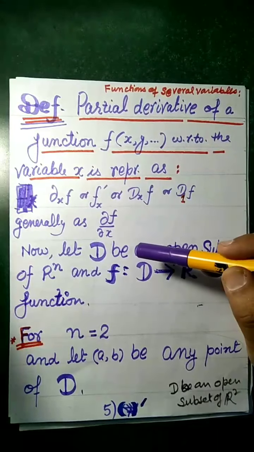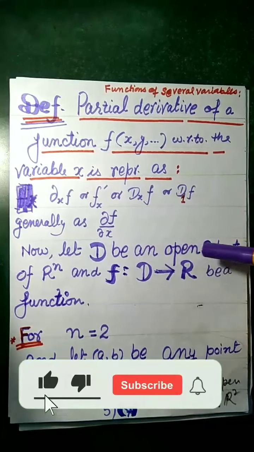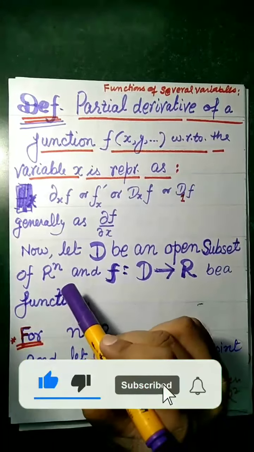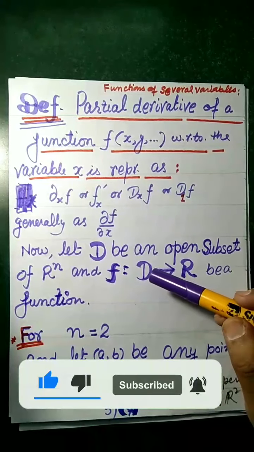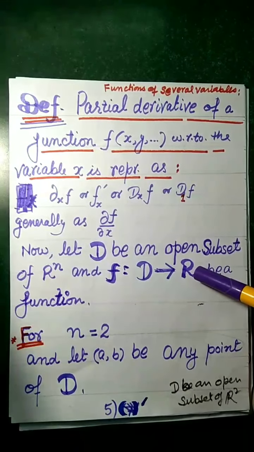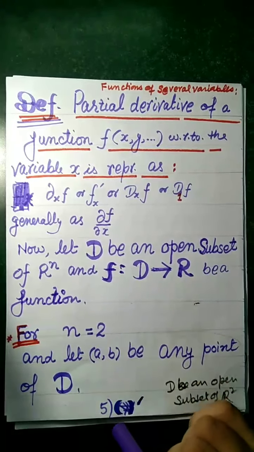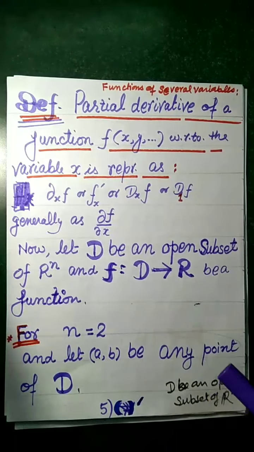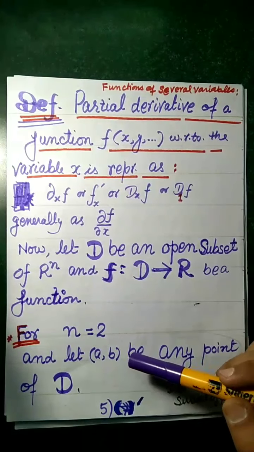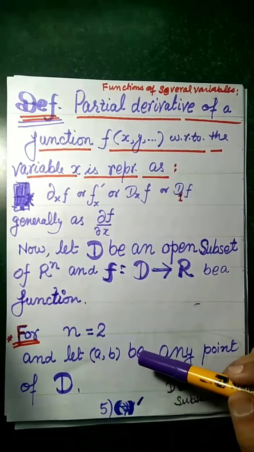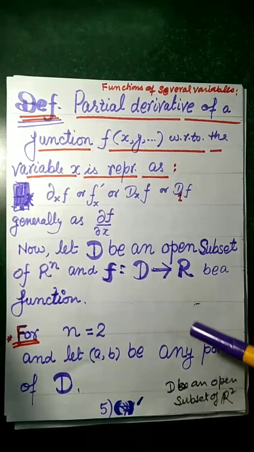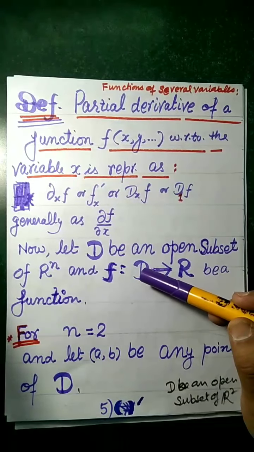So this is the definition. Let D be an open subset of Rn and f from D to R be a function. Let us consider, for simplicity, n equals 2. Therefore, let (a, b) be any point of this open subset of R2.